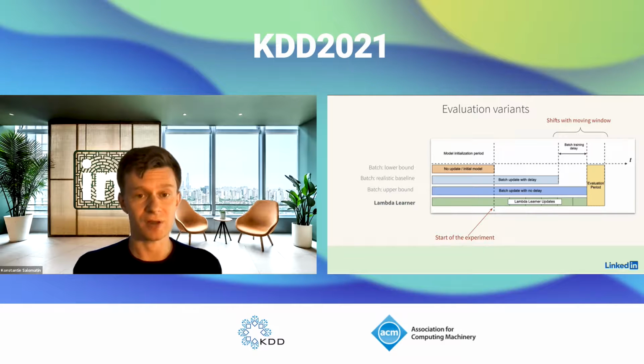The third variant is a batch with zero training cost, and it's our upper bound that is unattainable in a real system unless we had infinite computational resources. The last one is a Lambda learner, and it has access to the same data as the upper bound because the cost of training is very low. It's actually negligible compared to the cost of training an offline batch model.